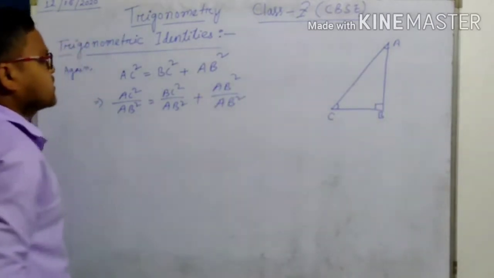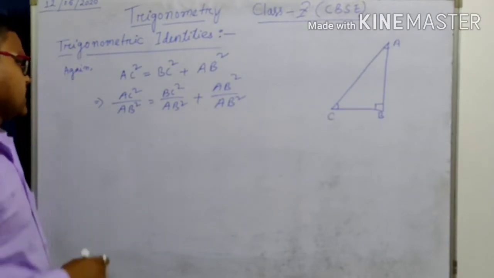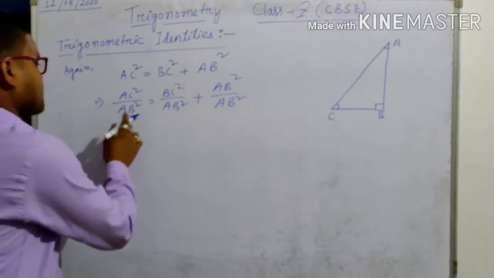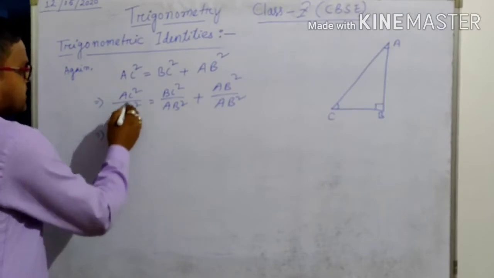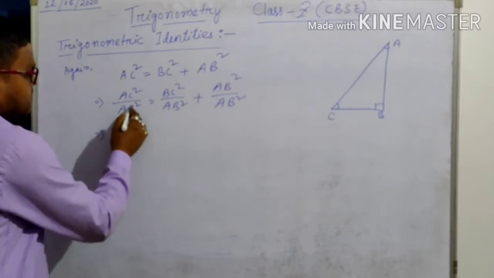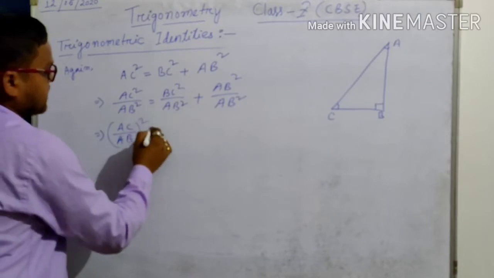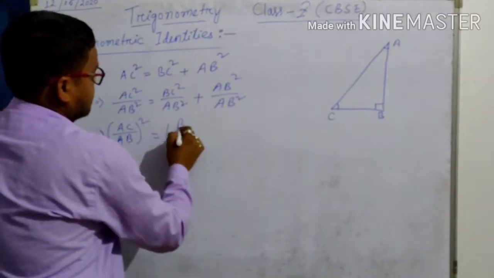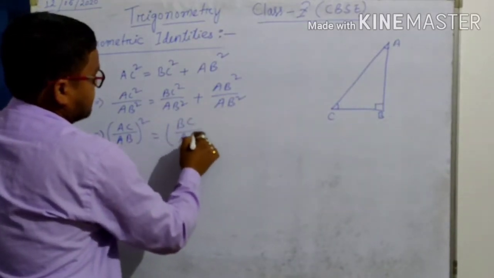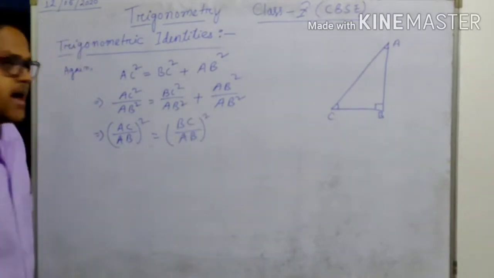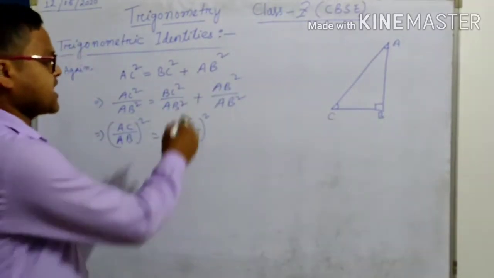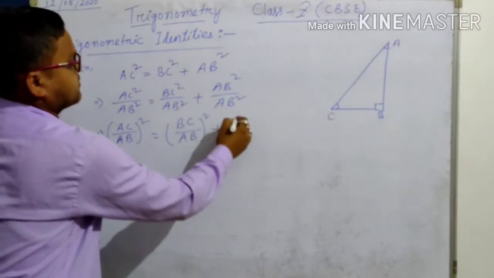So you can write AC by AB whole square, and BC by AB whole square, and AB square by AB square.